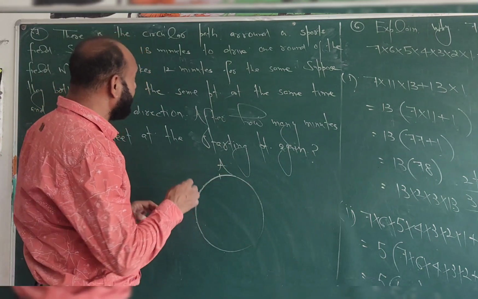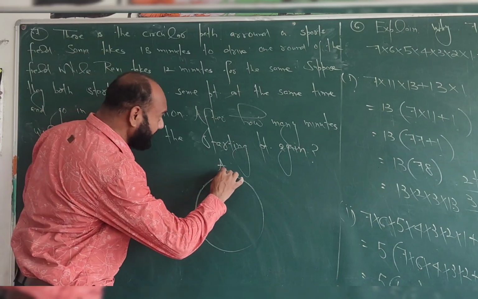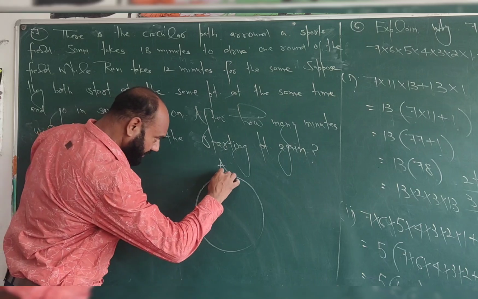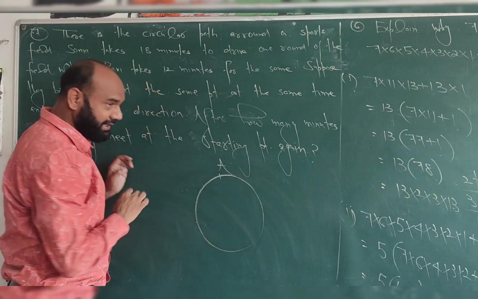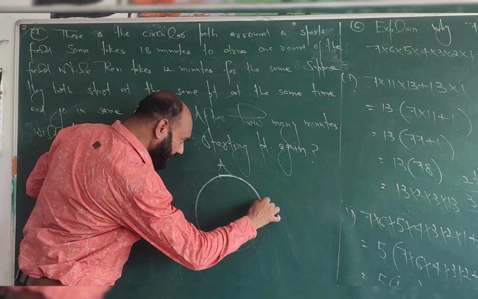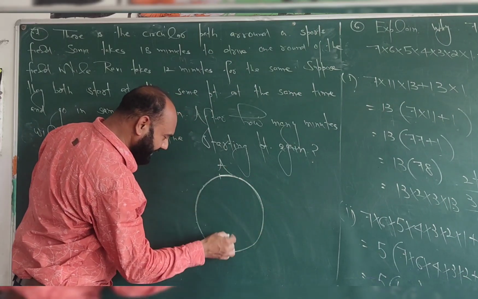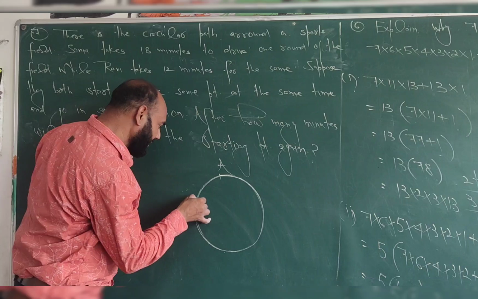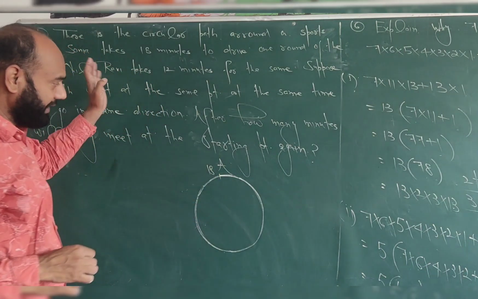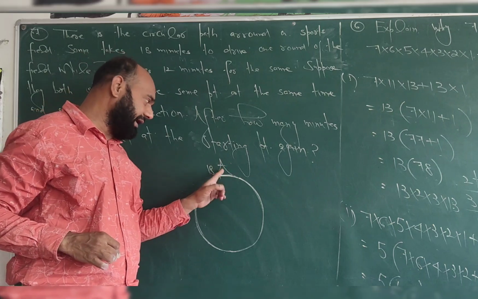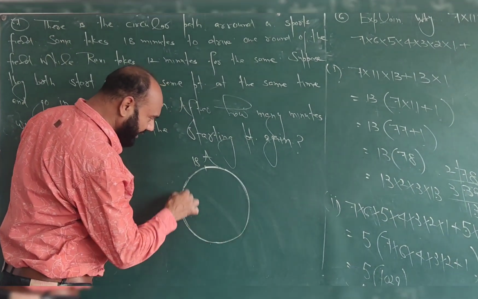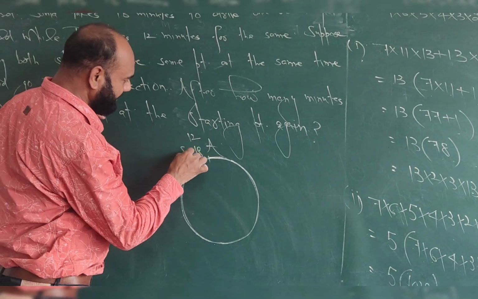Here it is given that Sonia takes 18 minutes for one round. It means Sonia drives from point A and takes 18 minutes to reach point A again. Similarly, Ravi starts driving from point A and completes one round in 12 minutes.